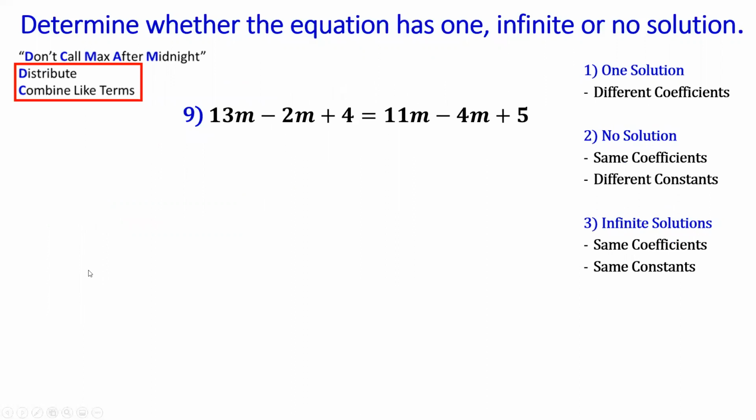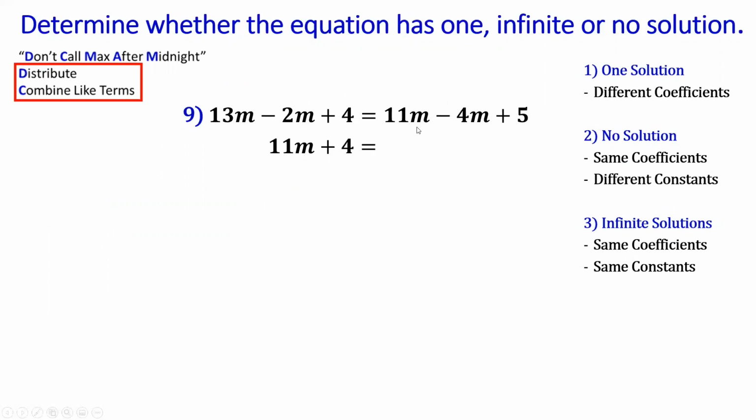Let's look at number 9 now. Can I distribute? On the left side, I cannot. On the right side, I cannot. So we'll go to the second step. Can I combine like terms? Yes, I can. On the left side, I can do 13m minus 2m, which will be 11m. Bring down your positive 4.